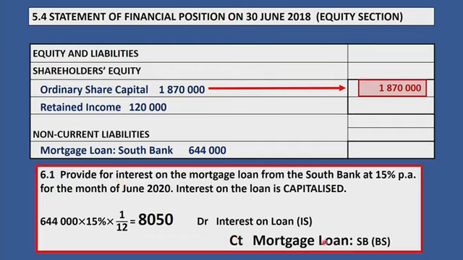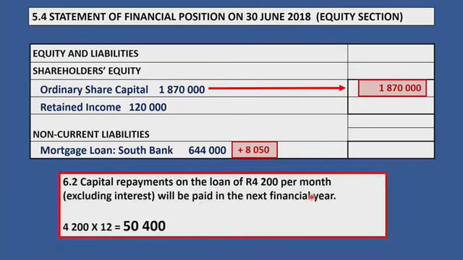Mortgage loan must now increase. And we call this what? We call this capitalize. The word capitalize means add to the loan. There's the interest. There is, however, adjustment 6.2, which follows on the interest, that there will be capital repayments on the loan of R4,200 a month.